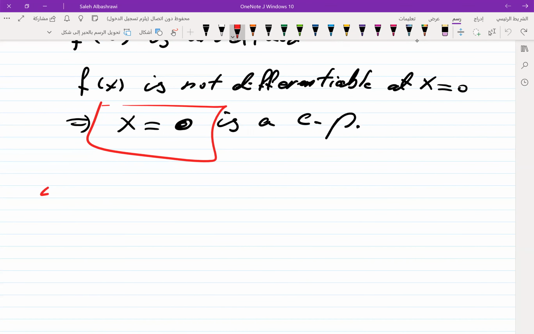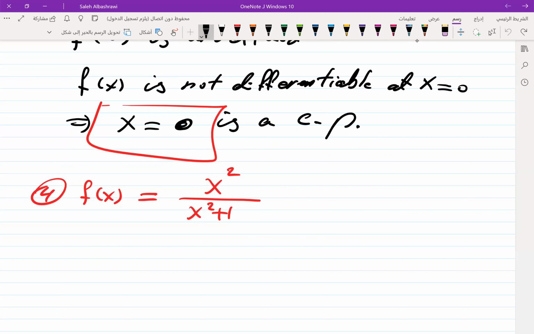Number 4. Have f of x equal to x squared divided by x squared plus 1. Let's try to find the critical point for this function.